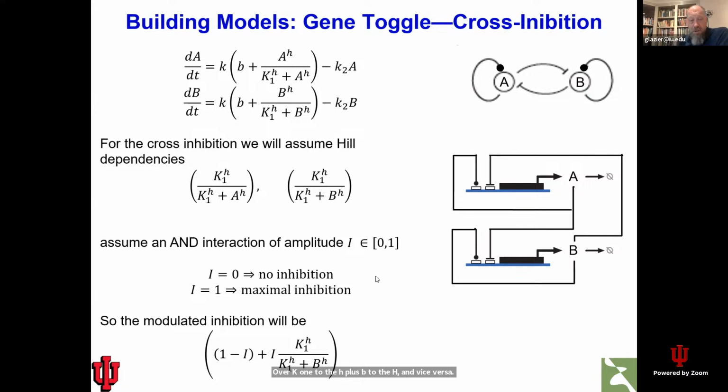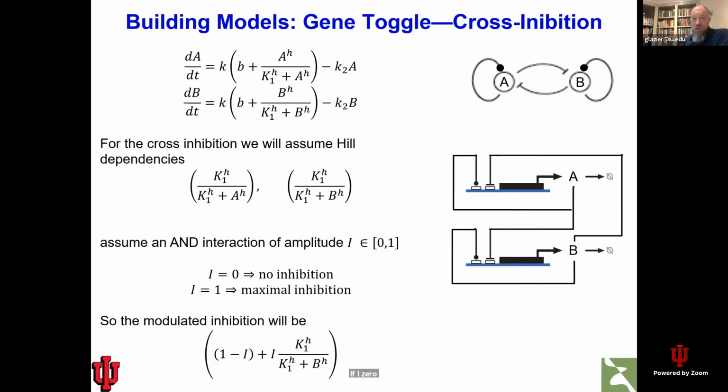And I'm also going to assume that there's some strength of inhibition. And I'm going to say that the inhibition is maximal if this parameter I is 1. And the two circuits are decoupled if I is 0.